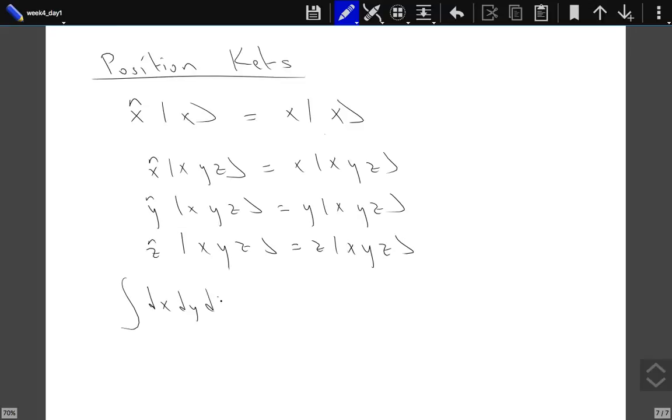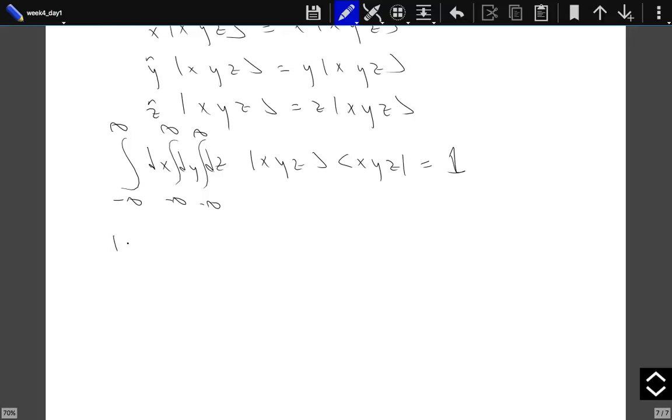dx, dy, dz, all from minus infinity to infinity, x, y, z. This is equal to 1. So I can write any ket in terms of these.